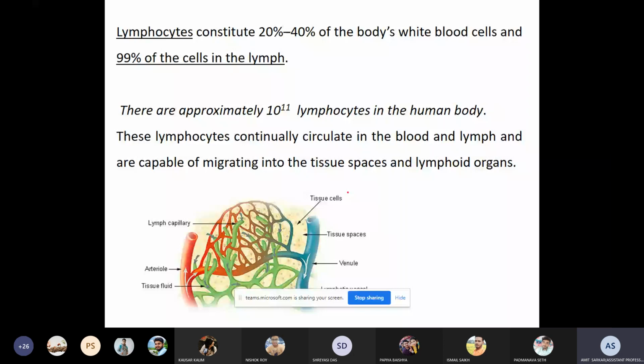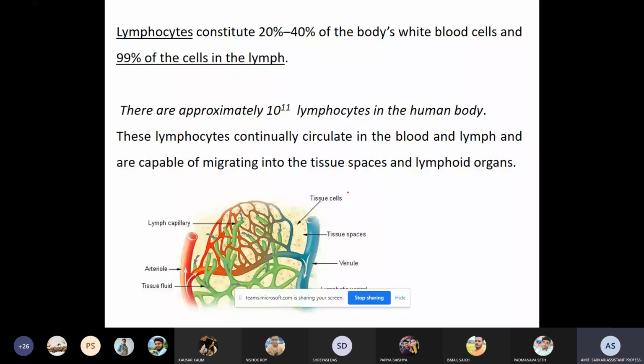At any given period of time, we have approximately 10 to the power 11 lymphocytes in our human body. That's a huge number. So what are they doing? They're continuously circulating in the blood and lymph, like a patrolling security guard, continuously going into every nook and corner of our body.